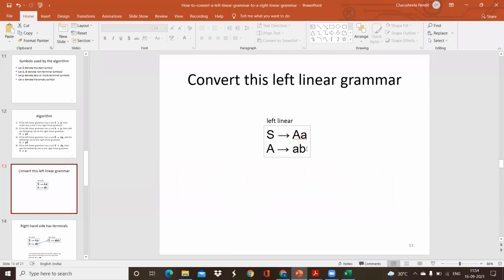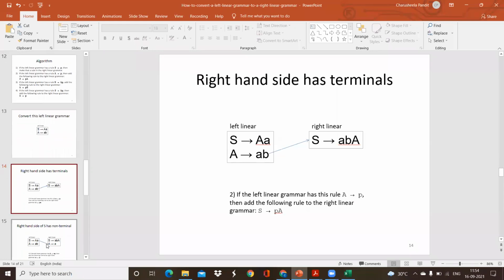So this is your left linear grammar, and we need to convert it to right linear grammar. I want you all to take a note of this. You have these two production rules, right?